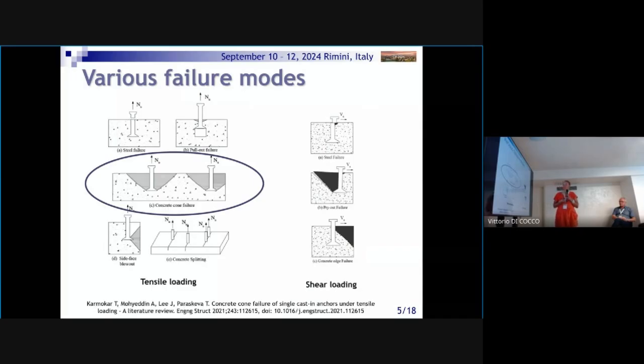For me, the tensile failures are more interesting. Again, we can have several ones.